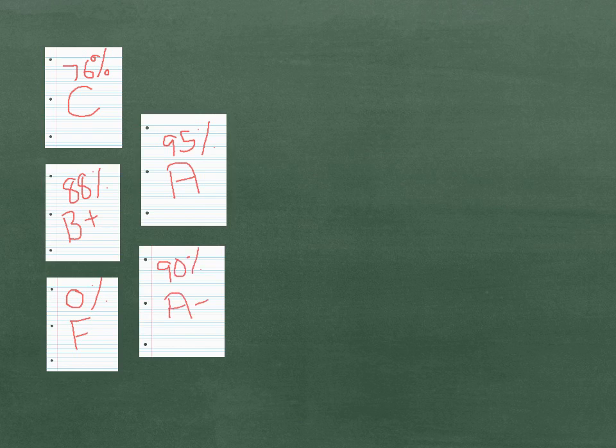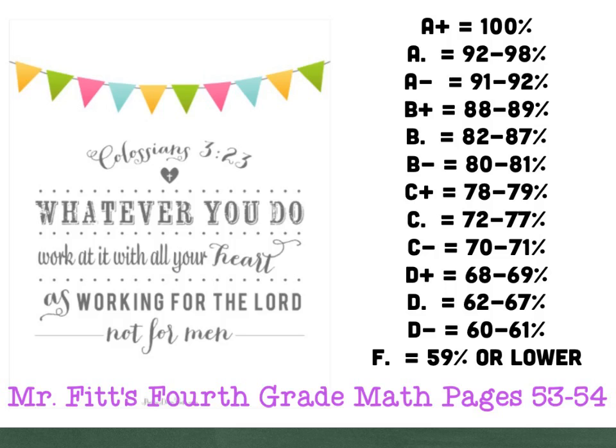And that would be an A minus. I don't have it here, I have 91 to 92. Actually I have that wrong, that should say 90 to 91. I put in the wrong thing there.